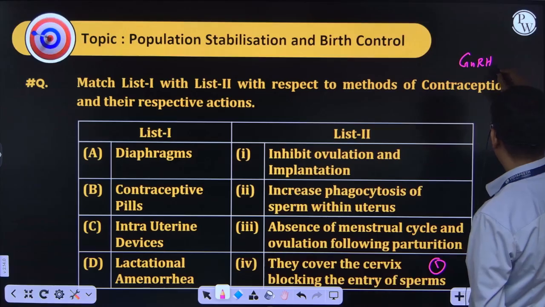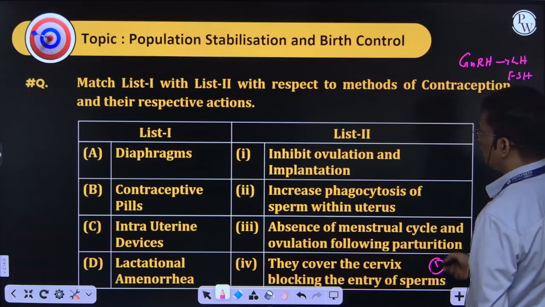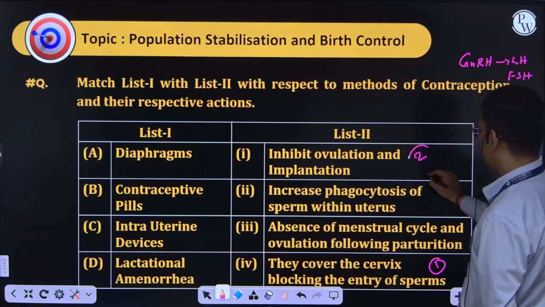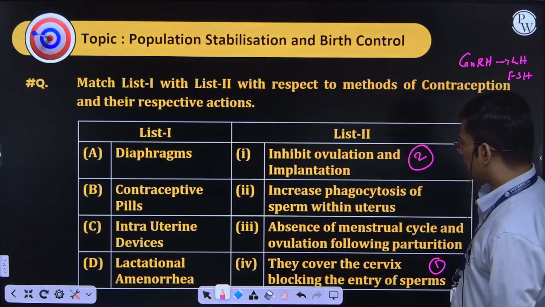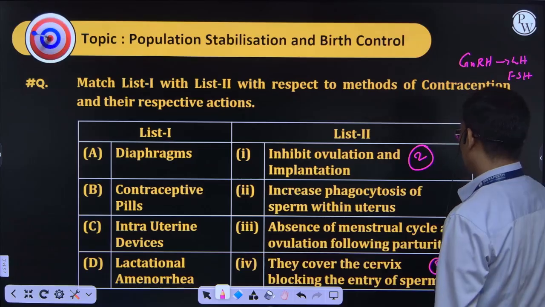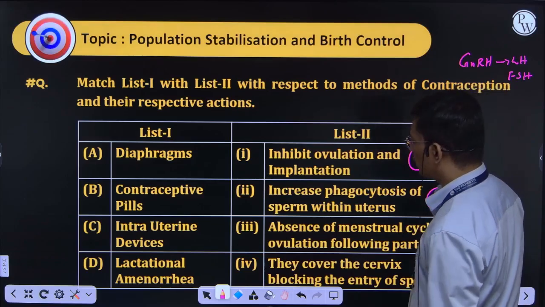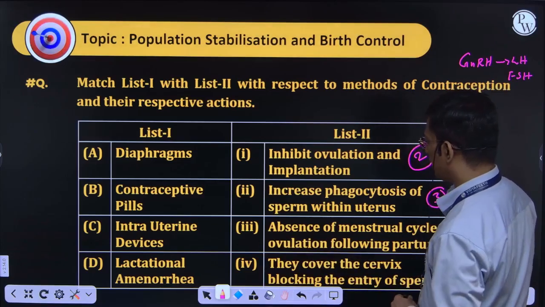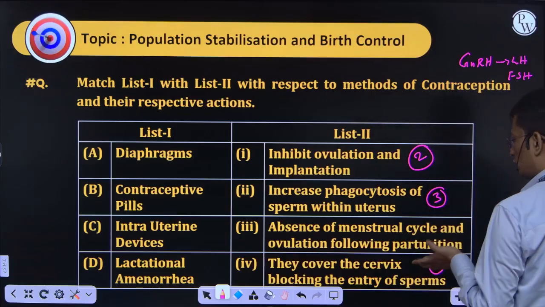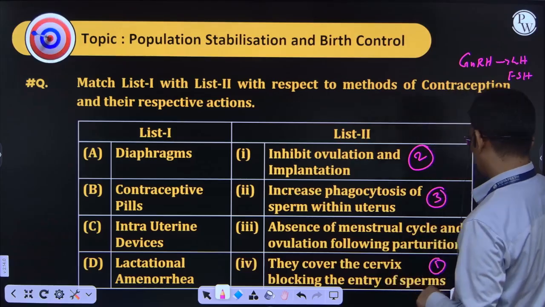If it is not released, LH and FSH also will not be released, so ovulation and implantation are inhibited. IUDs increase the phagocytosis of sperm. Lactational amenorrhea means during the lactation period there is no menstrual cycle, because gonadotropin will not be released. So there is absence of menstrual cycle. This is the correct one.